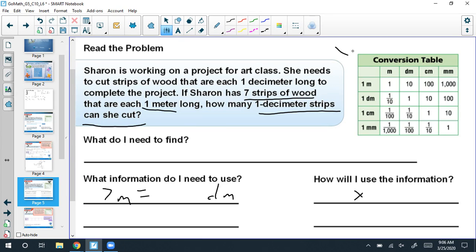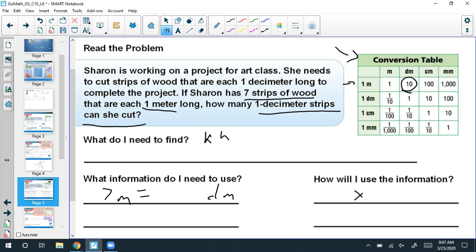Now I can either use this conversion table up here, which they have provided. And the way that I would use this is I would say, well, I have meters and I want to change that into decimeters. And I see that 10 lines up with decimeters, which means that there are 10 decimeters in a meter. Alternatively, I could go through my acronym.